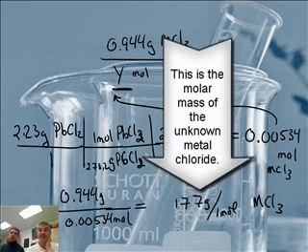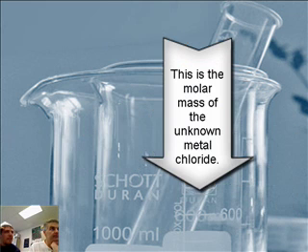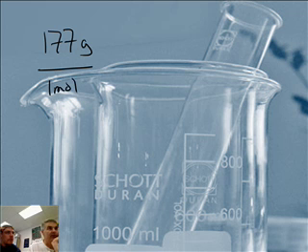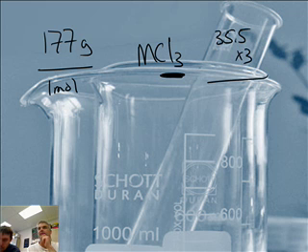Now we're still not done, because that's the metal chloride. We want the identity of the metal. So I'm going to recopy it here, and this is MCl3. That's the total mass of that formula, so we need to subtract out the mass of the chlorine, and that'll leave us with the mass of the metal. Chlorine weighs 35.5, and there are 3 of them, which adds up to 106.5 grams.